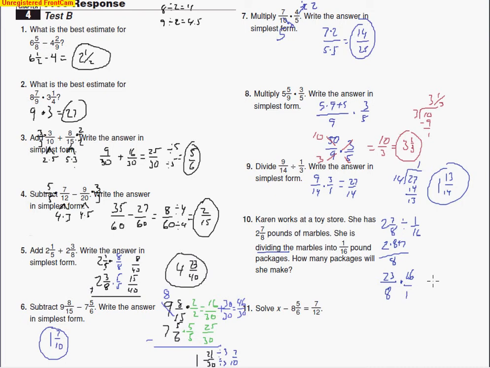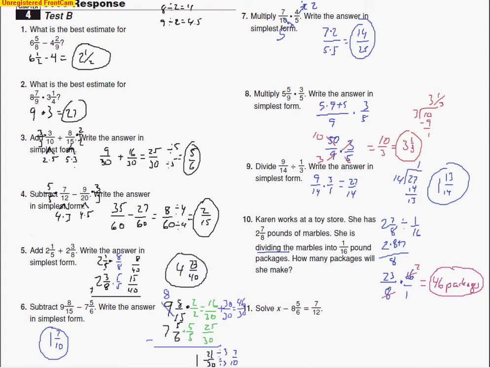I can look for some cross canceling, which I do see here. 8 goes into 16 2 times, and I can multiply across. I'd end up with 46 packages. So make sure you put some units on those, because we always put units on the problem so we understand what the answer represents.